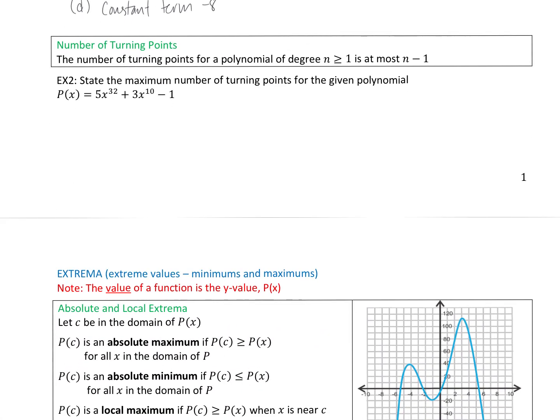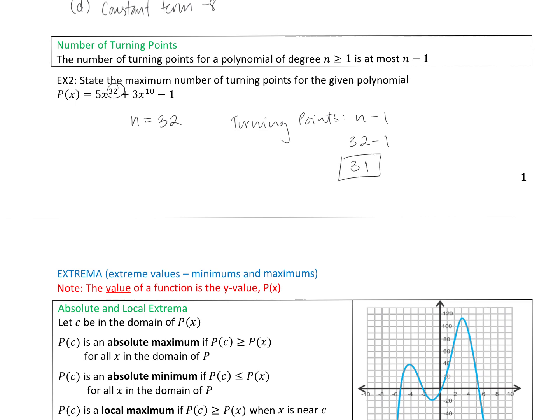So, the number of turning points. The number of turning points for a polynomial of degree n greater than or equal to 1 is at most n minus 1. So how many times when we graph it does it turn or change? So in this case, n is going to equal 32. And then my turning points is going to be n minus 1, which is 32 minus 1, which is 31.